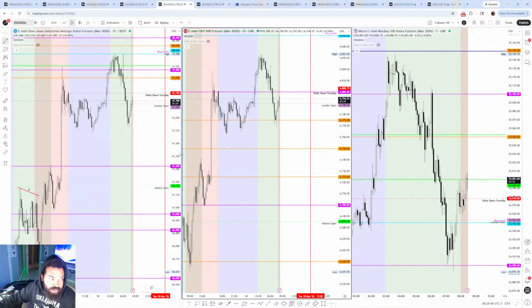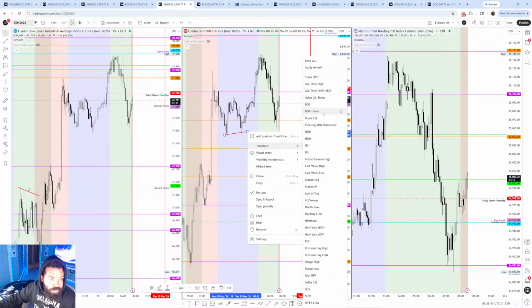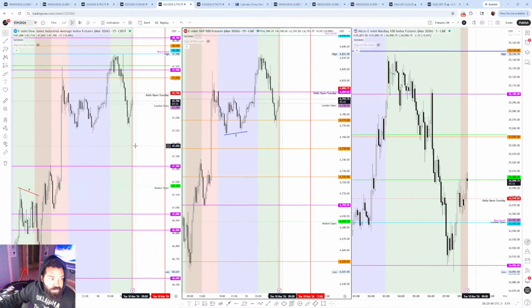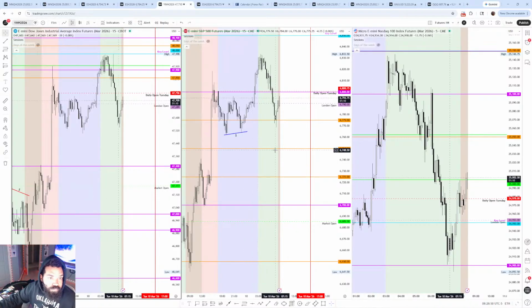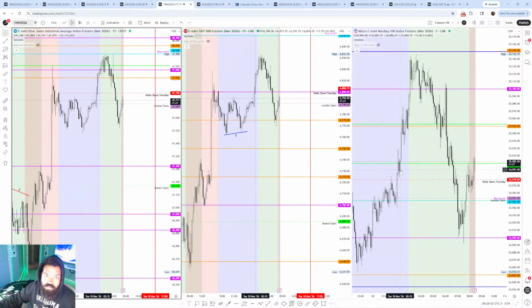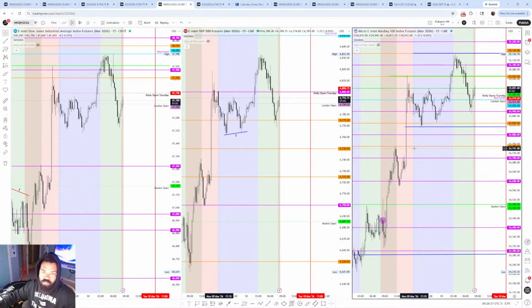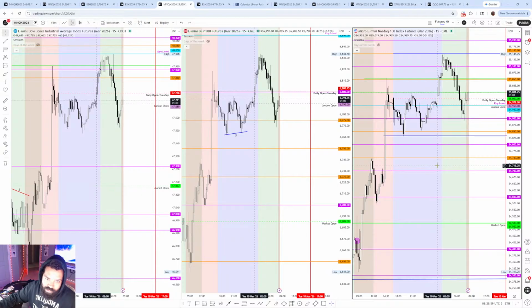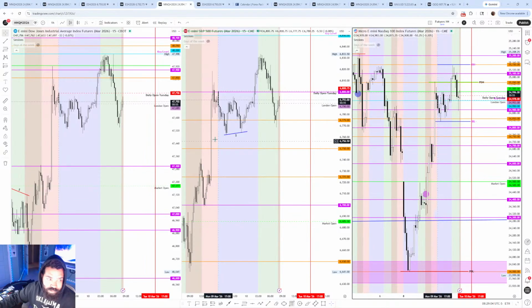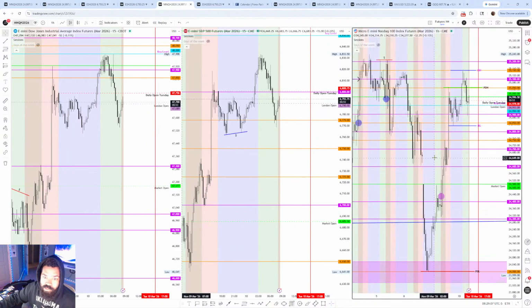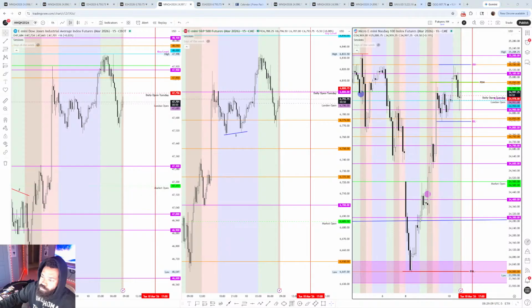I'm gonna be just marking up some liquidity spots. Now, because I'm looking at a 15.5 on another window, I keep this one as my hour so that I can see these other two on lower time frame and then still see my higher time frame here. So let's get it.